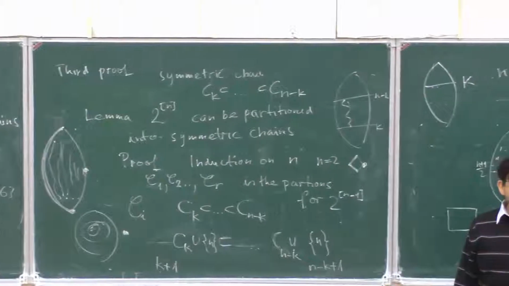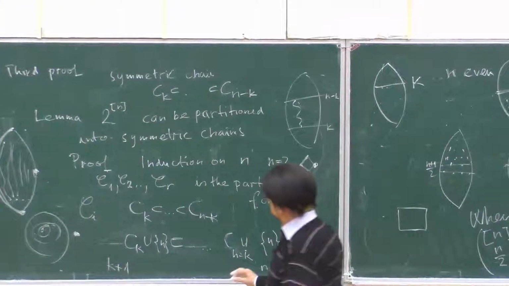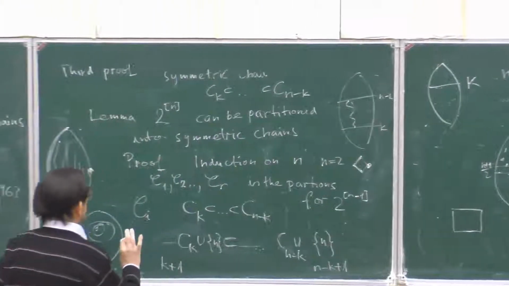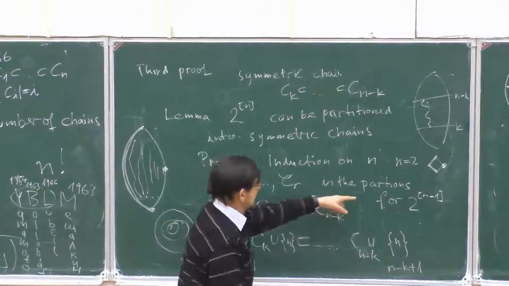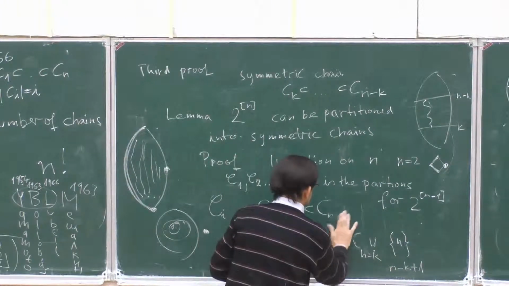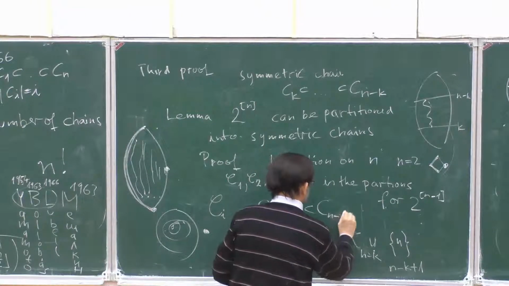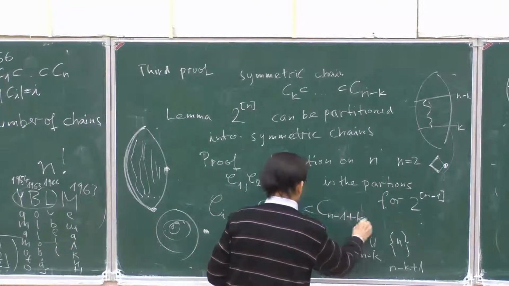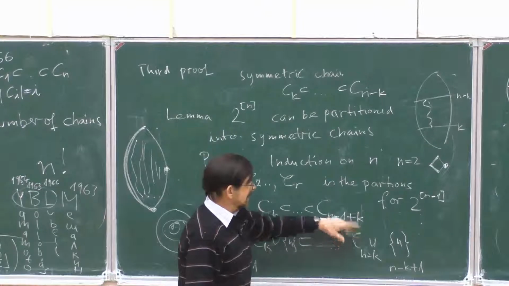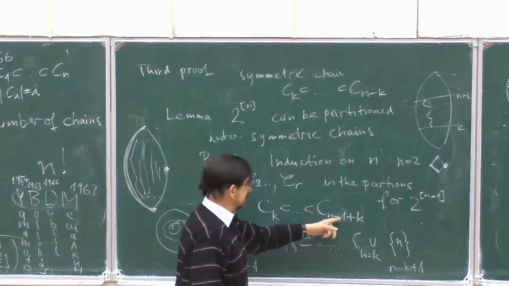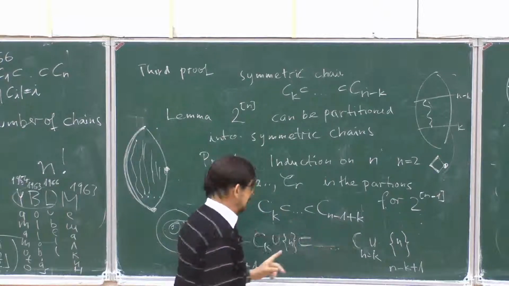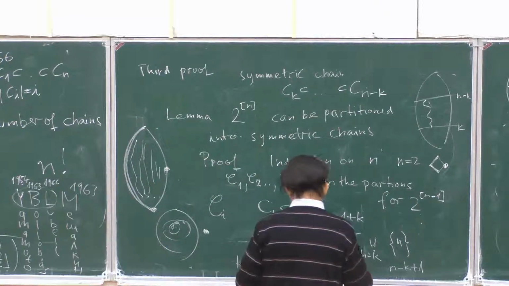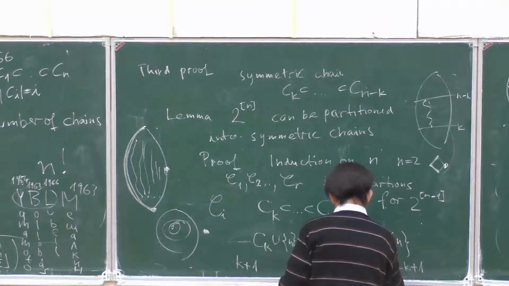And we need n plus 1. Oh, sorry. I started with n minus 1. So it's symmetric in the original one. Then this one plus this one should be n minus 1, right? And then also here.